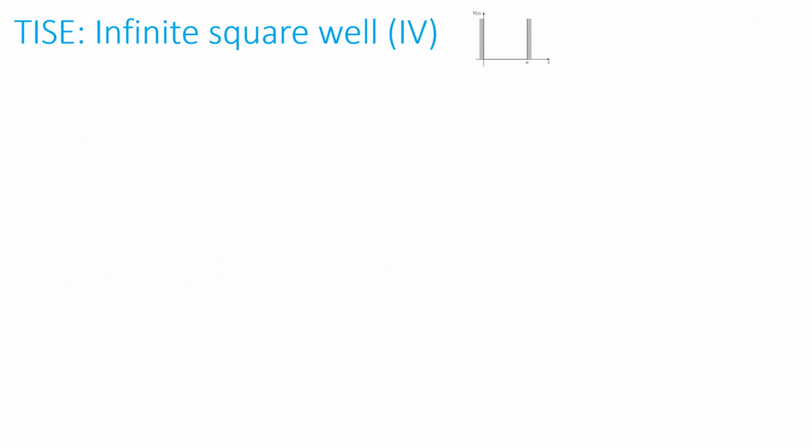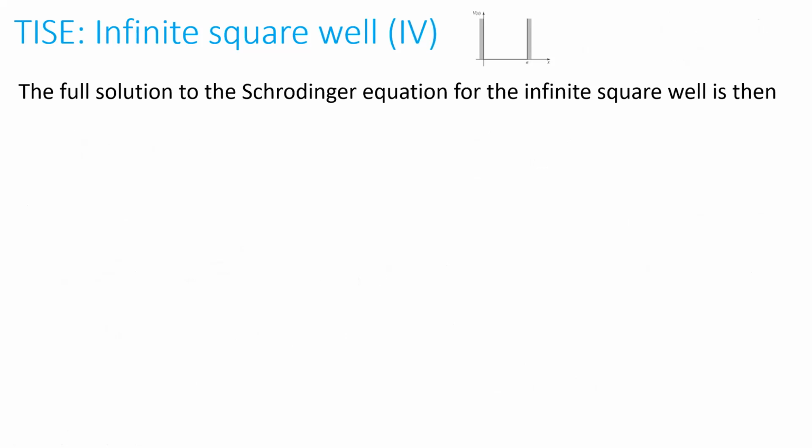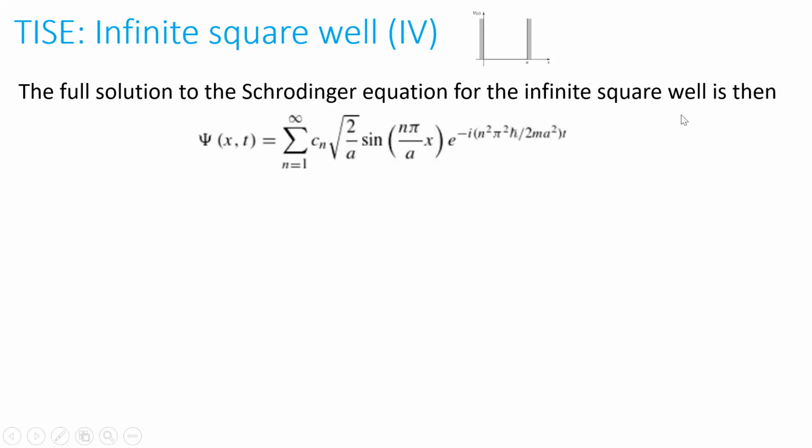Okay, almost done. Just to sum up here, what have we accomplished? The full solution to the Schrodinger equation for the infinite square well is given by this. It would be psi of x and t, the sum from n equals 1 to infinity of the Cn, which are the weighting coefficients, times the stationary state.